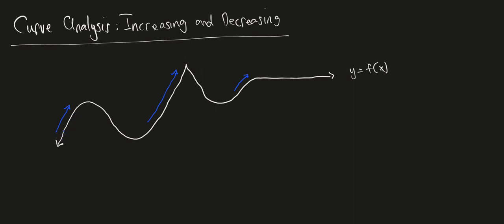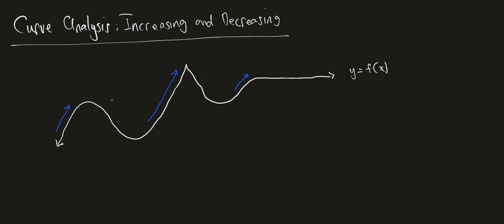So when we say something is increasing, we're actually referring to the dependent variable y, right? And then similarly, for values of x in this interval, our y values are getting bigger. And then similarly here, our y values will be increasing, right?